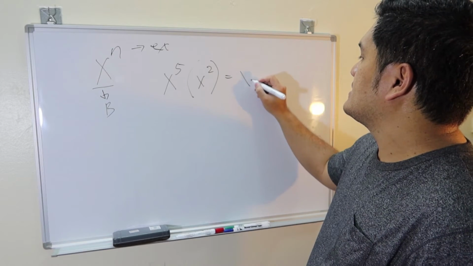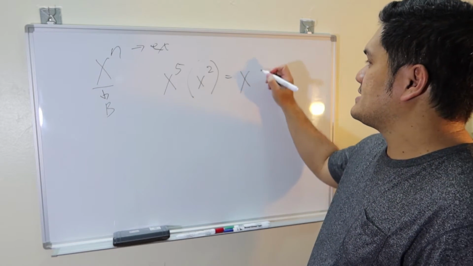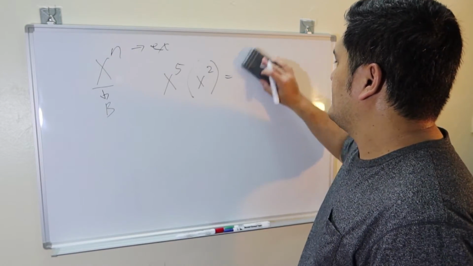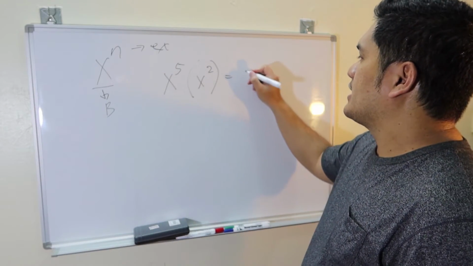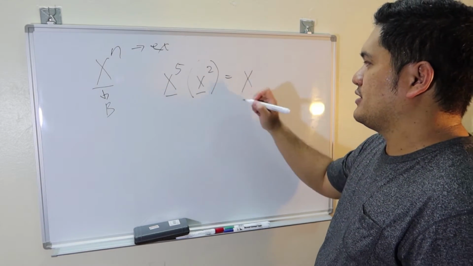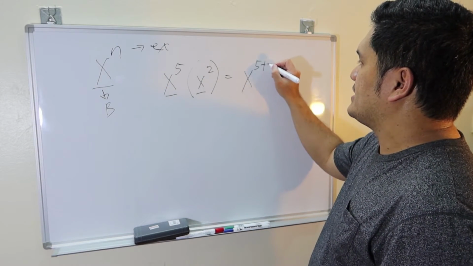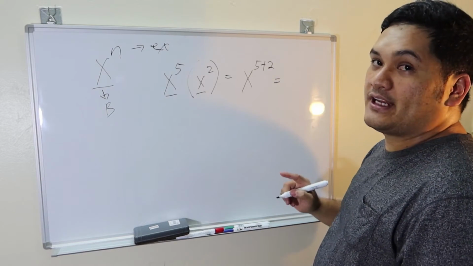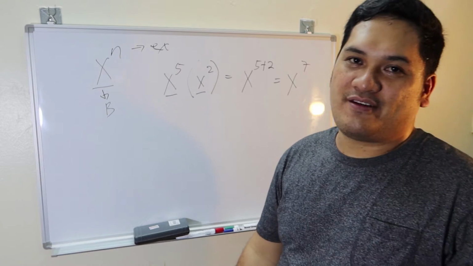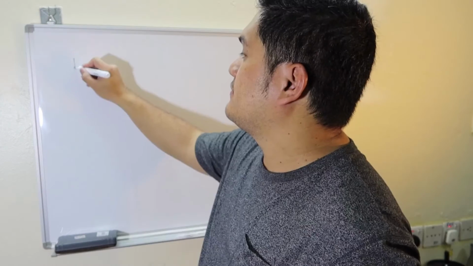So, kopyahin mo yung base, this is your base, i-add mo yung exponent. 5 plus 2. So, ang final answer mo is x raised to 7, x to the power of 7. Let's have another example.